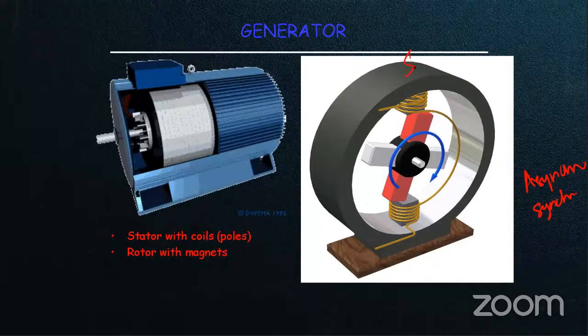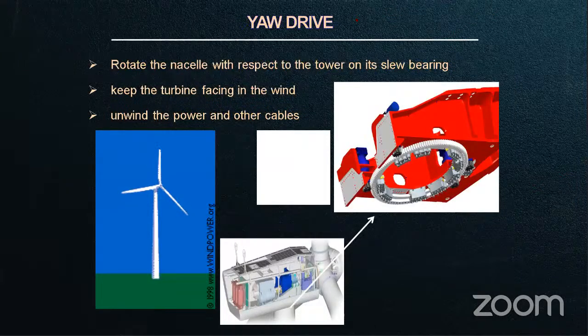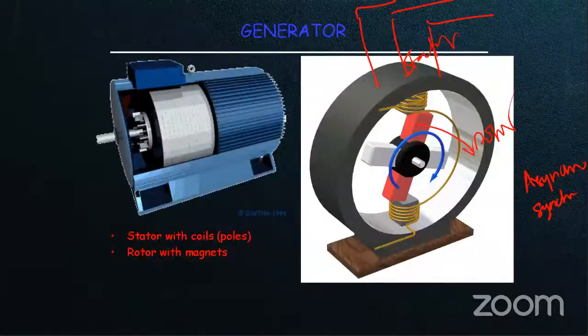The stator is always connected to the grid. If there is no grid, there is no generation of power. Initially it draws power from the grid and acts as a motor, and once we have wind, it acts as a generator.